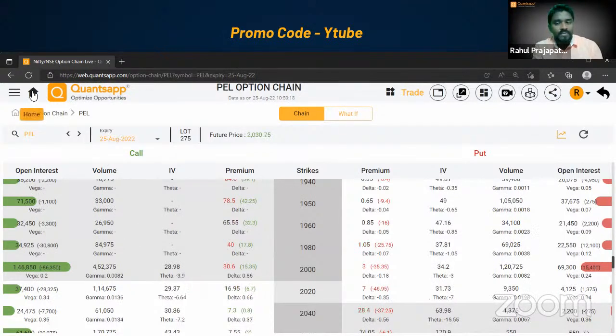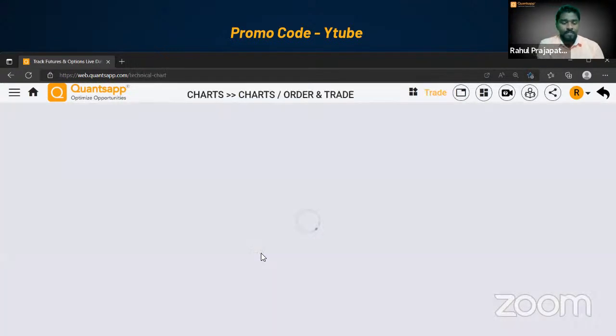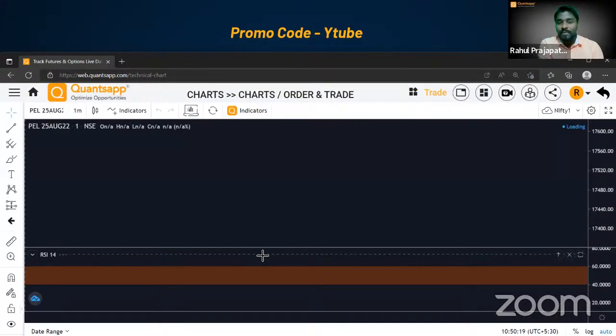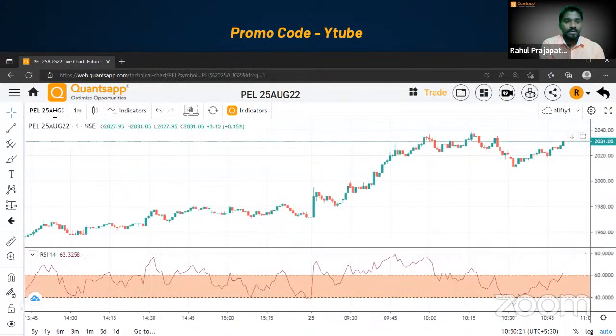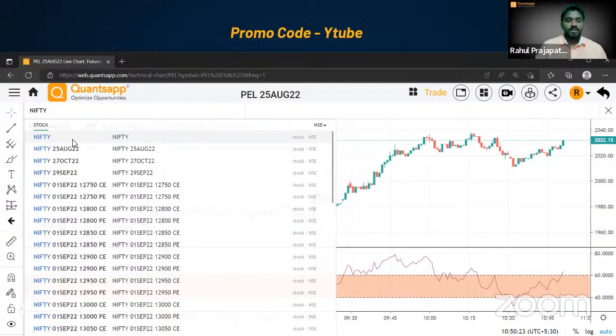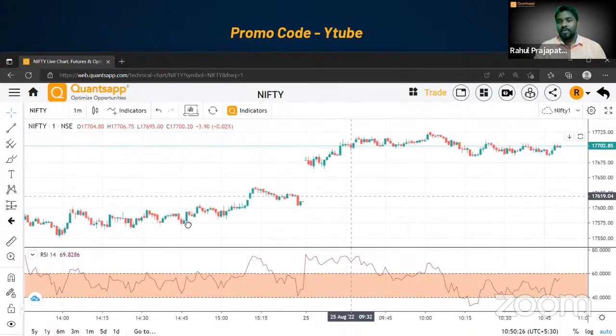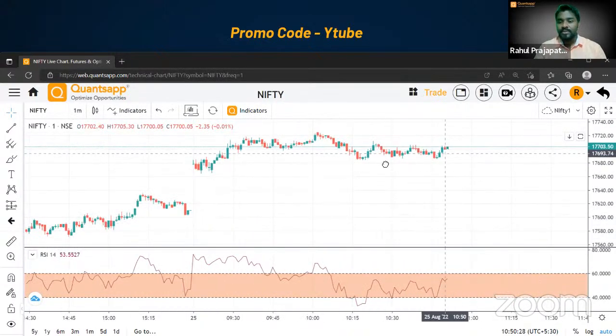Okay, so let's see Nifty now. We know that the 17,700 call option might give a breakout, so let me talk about this trade setup. The market is exactly trading at 17,700 CE.